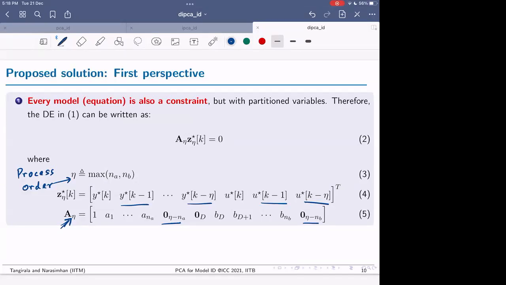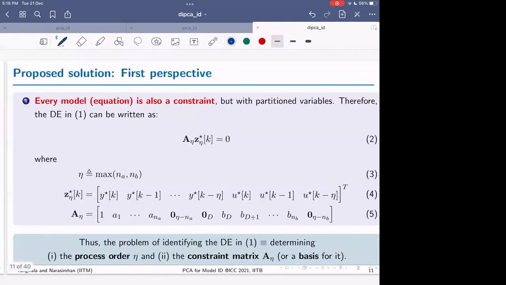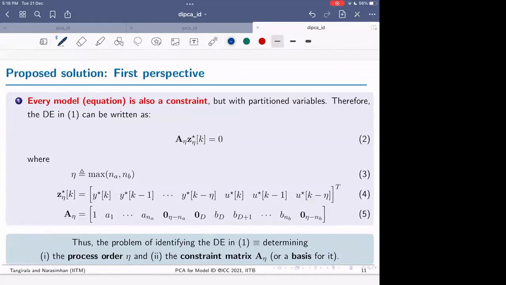Okay, so the first step is to rewrite the model in terms of a constraint involving this process order. So the problem of identifying the difference equation originally, that is in equation 1, is now all about determining the process order eta and the constraint matrix A eta.